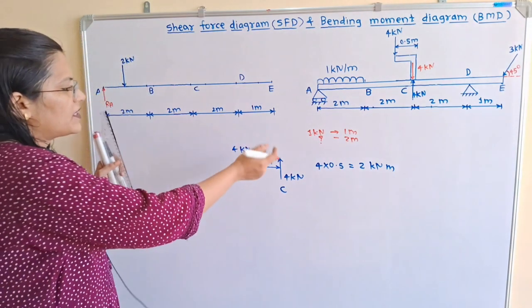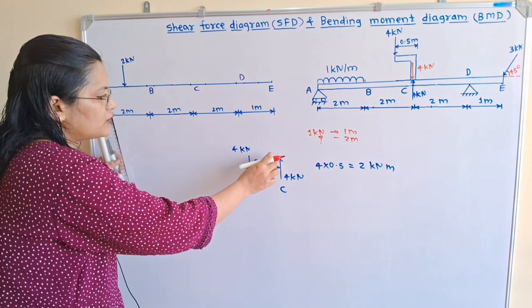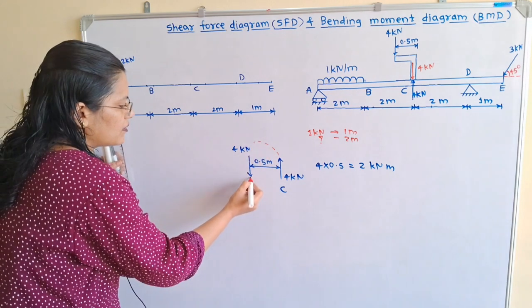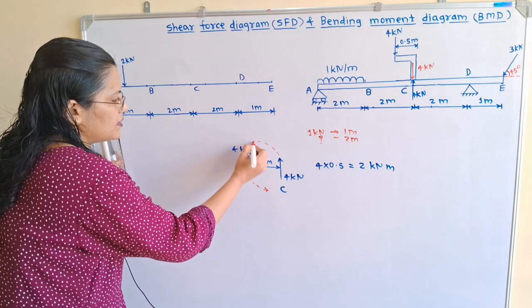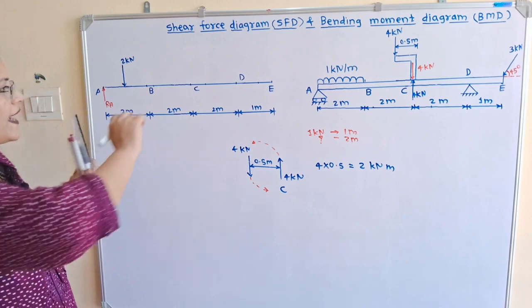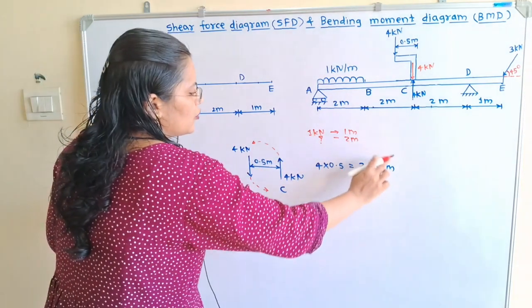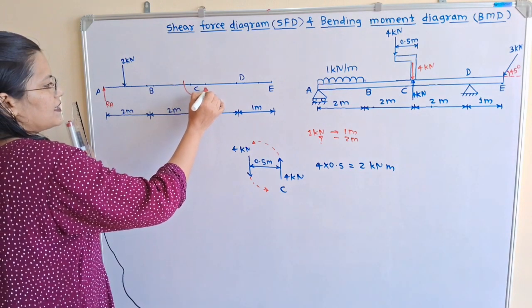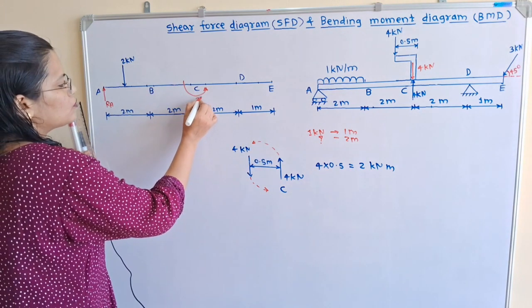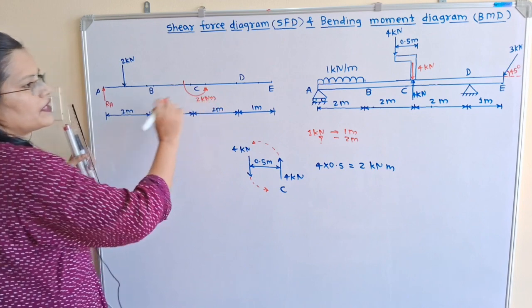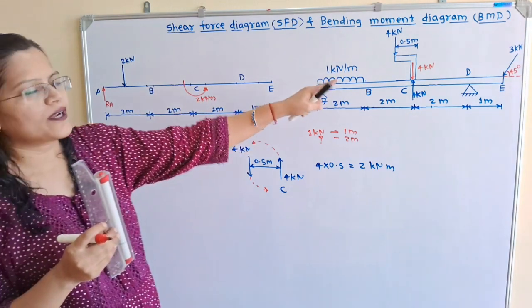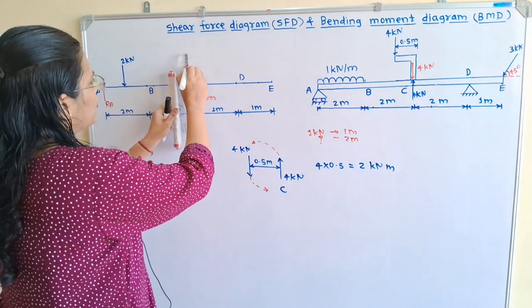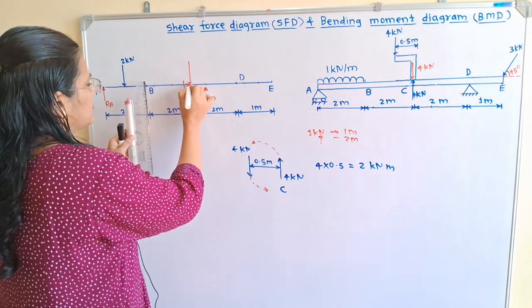If I move the compass in the direction of these two arrows, here and here, it is the clockwise direction. So at point C, I will show the couple in the clockwise direction, and its value is 2 kilonewton meter. Now what about that extra point load? We have to show this at point C, equal to 4 kilonewton in the downward direction.